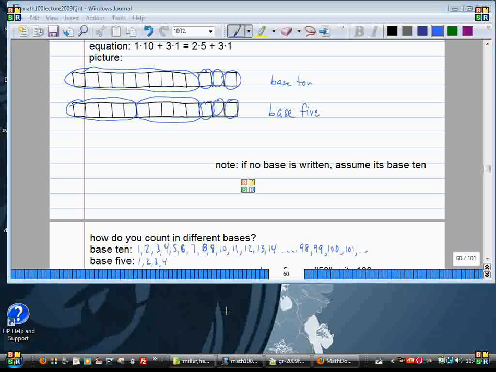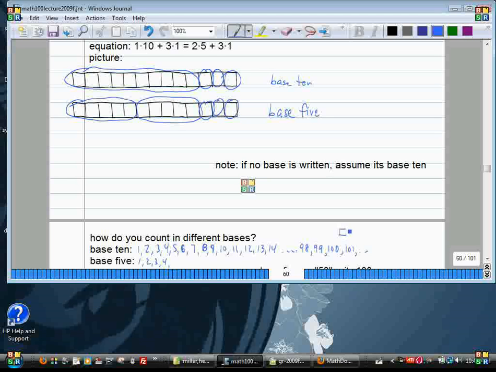Well, let's think about it. Let's think about this just in terms of the blocks that we had before.